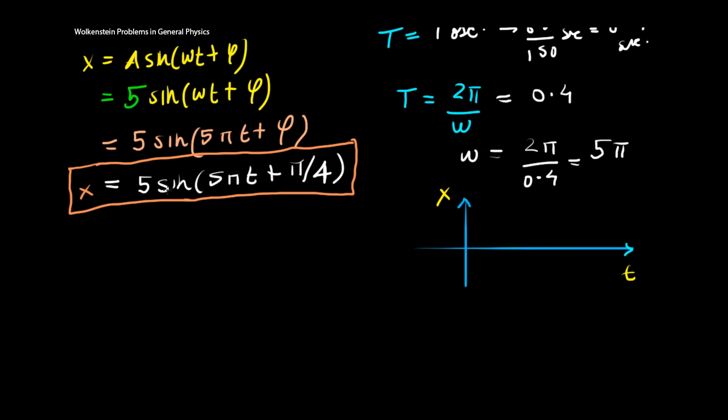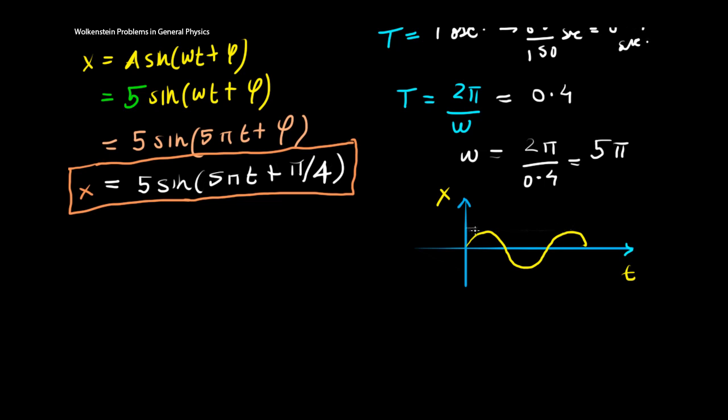So this is a sine graph, so it's definitely going to look something like this. Let me draw a better one. Right, it's going to look something like that, but in this case the amplitude is 5, not 1, which is the general case.